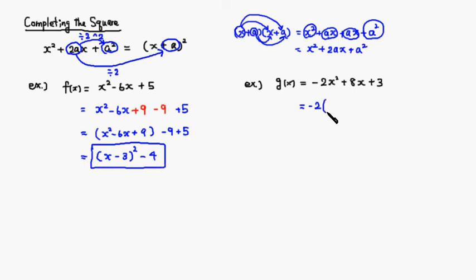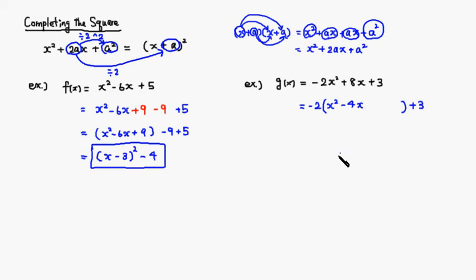If you factor -2 from -2x squared, you get x squared. If you factor -2 from 8x, so basically divide by -2, it's going to be -4x. Then I give a little bit of room here and put the third term right at the end.